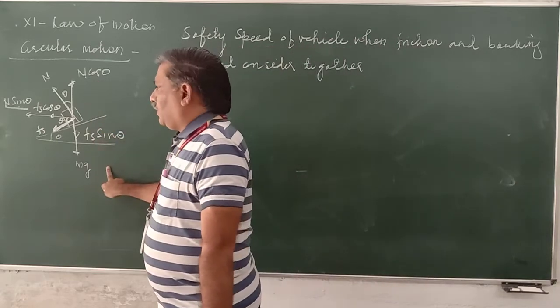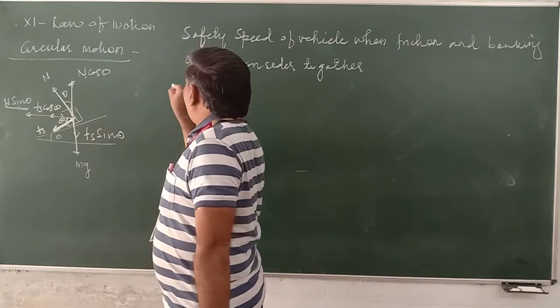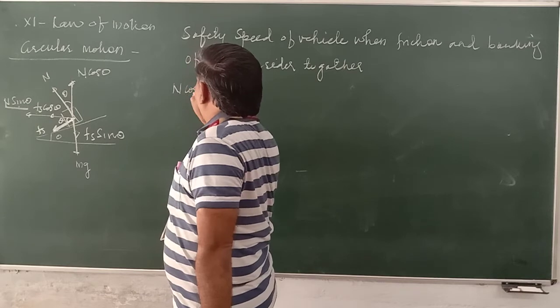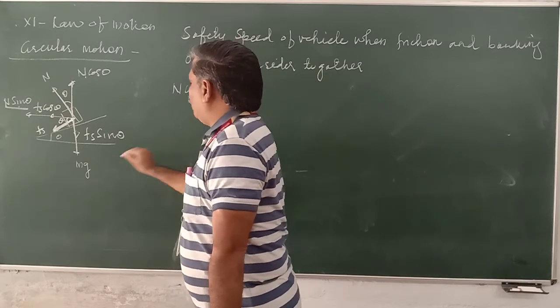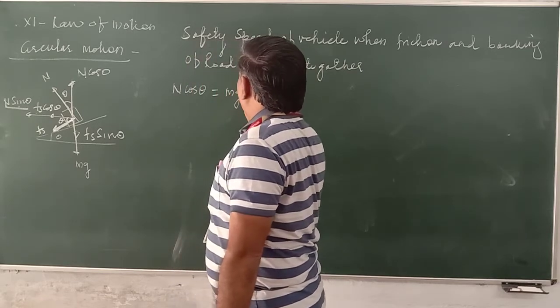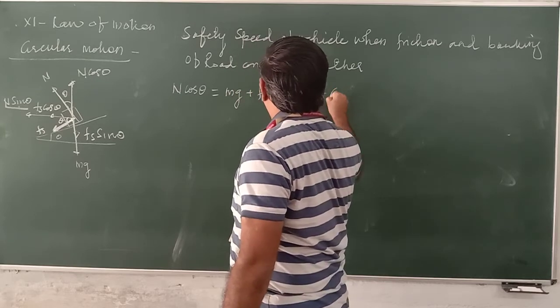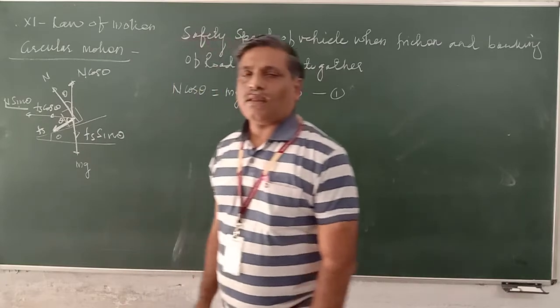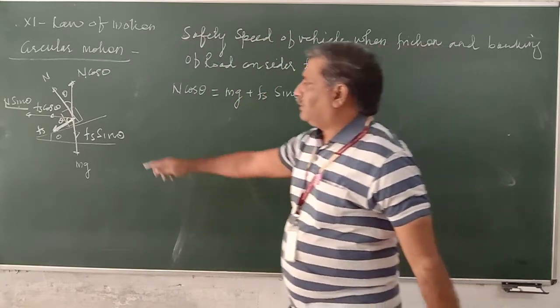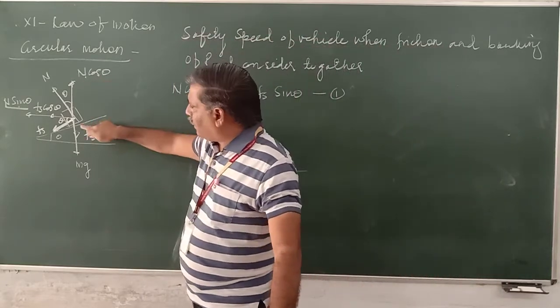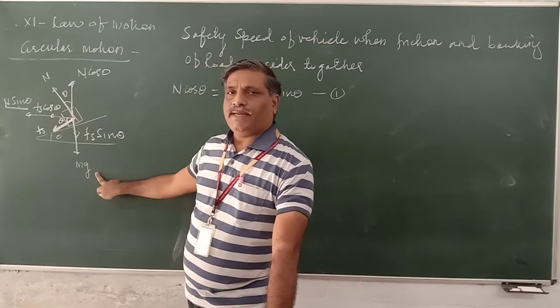Now vertical direction. N cos theta is in upward direction, which is equal to mg plus Fs sin theta. Equation number 1. In the vertical direction, n cos theta is upward, and the two forces mg and Fs sin theta are in downward direction.